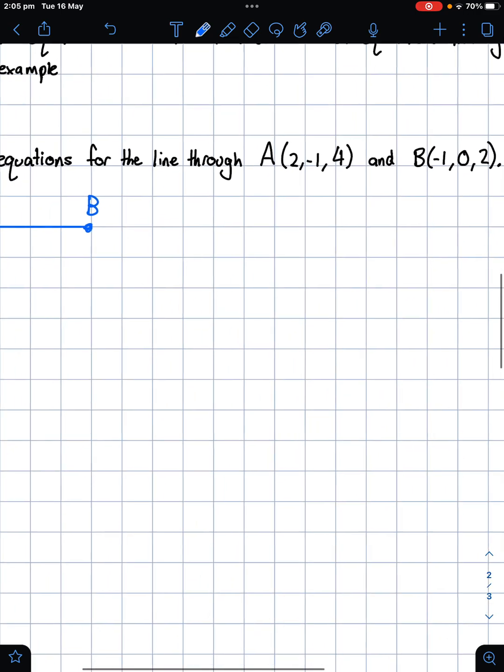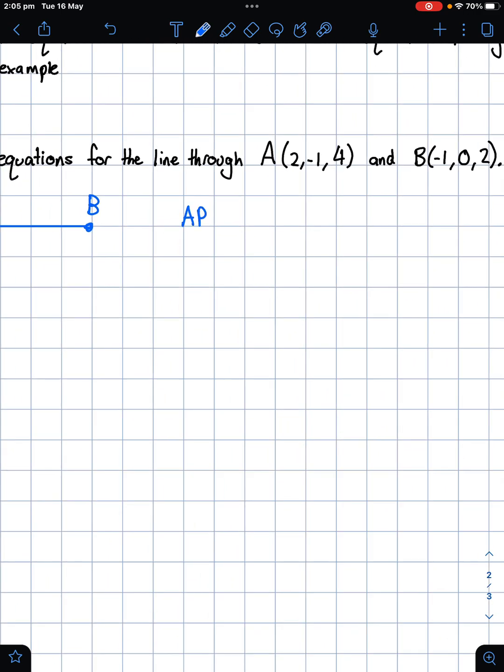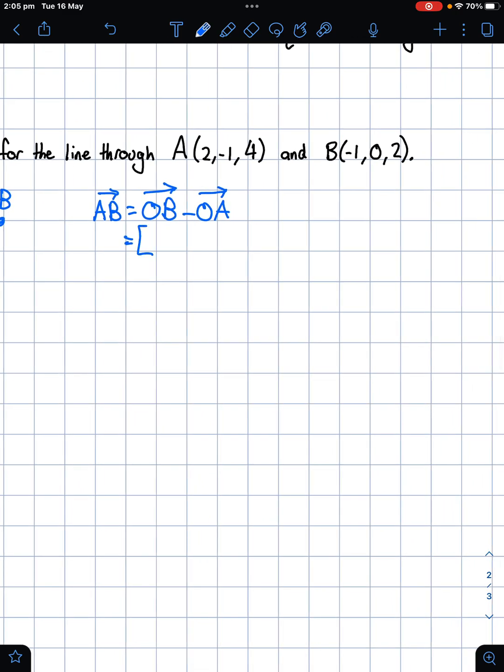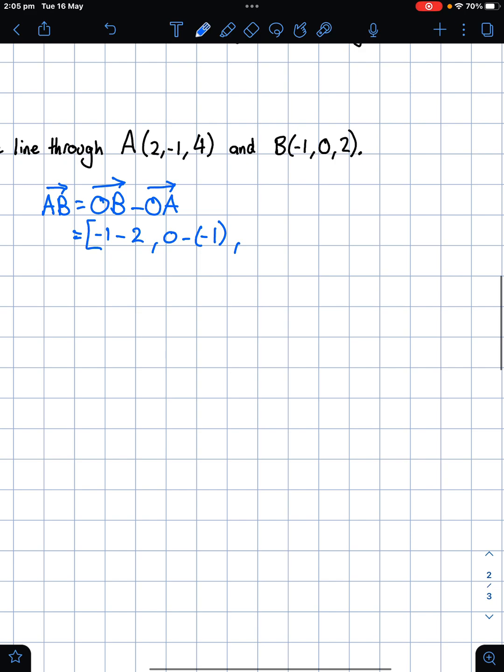So in this space here, A to B equals OB, the position of B, minus OA, which equals -1 take 2, 0 take -1, and 4 and 2 take 4.